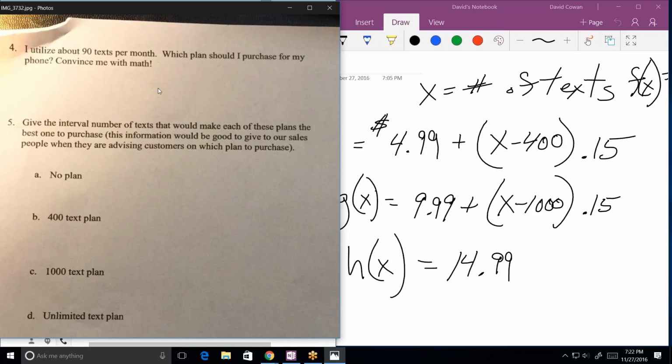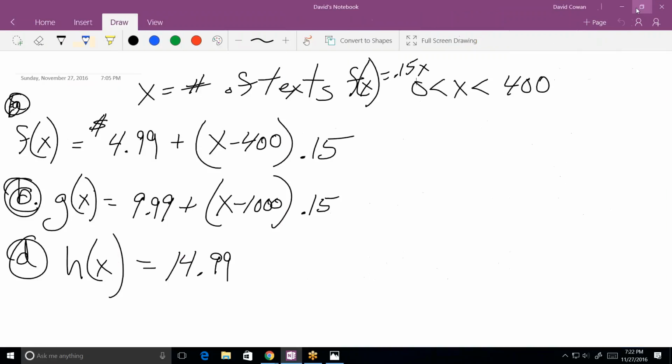Right. So we could say that only for x greater than 400, in other words, I'm trying to see how we can do this. We could put a domain here and say only for x greater than or equal to 400.